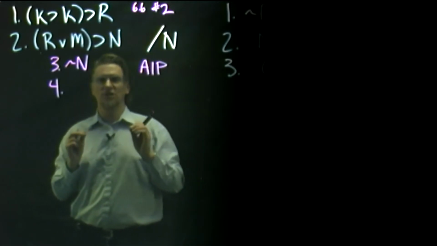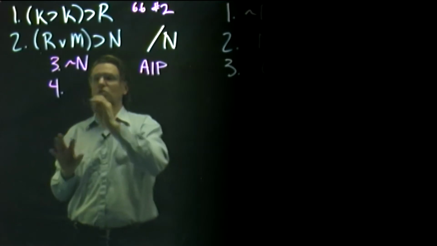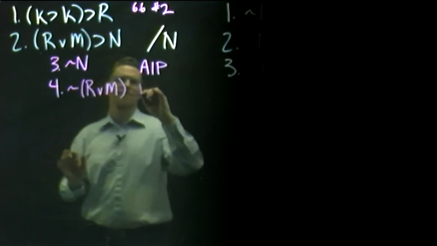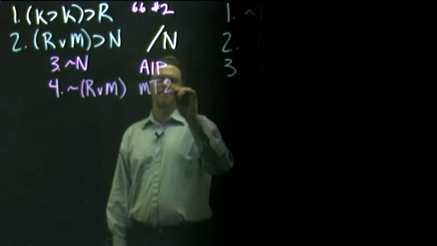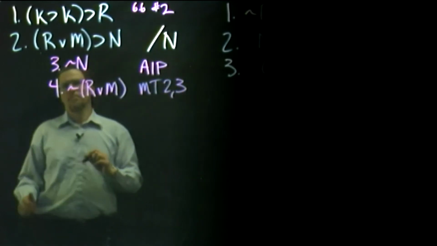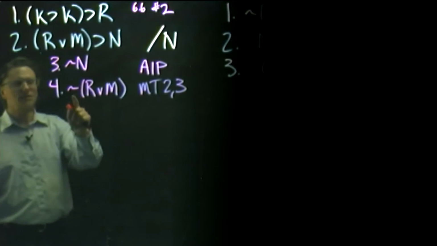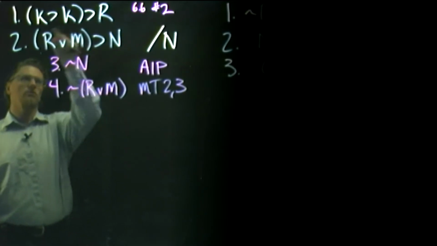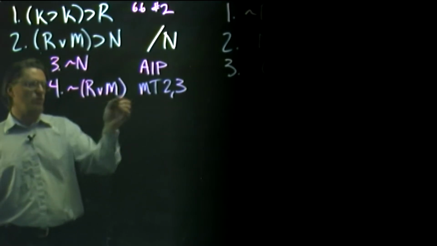And when we do modus tollens, P, horseshoe, Q, and tilde Q, that will give us tilde P, in other words, tilde R wedge M, right? Tilde P there. That's what we get out of modus tollens.